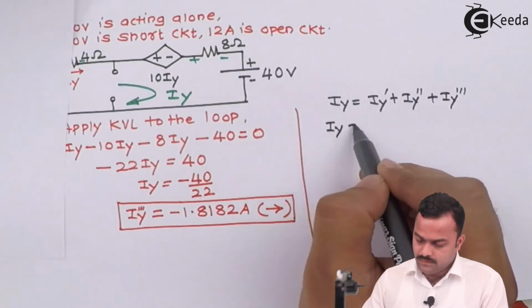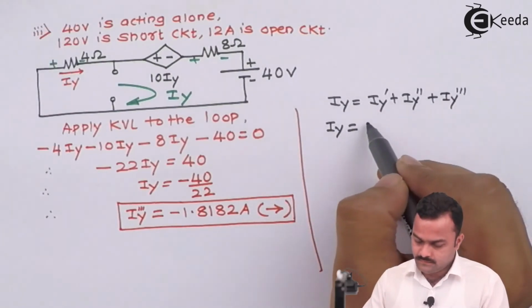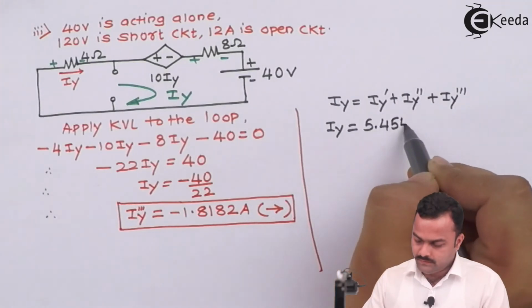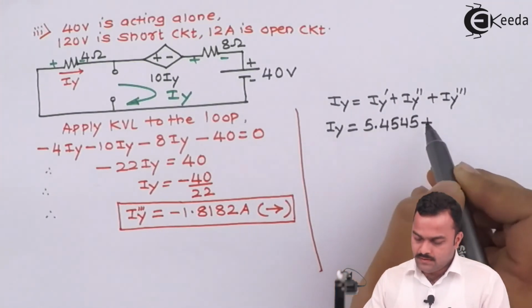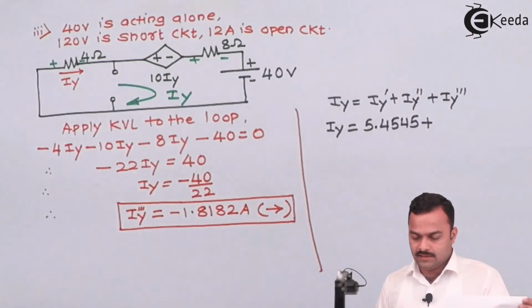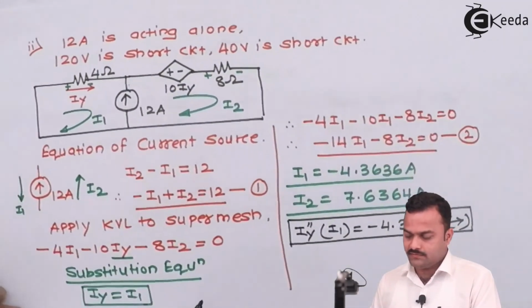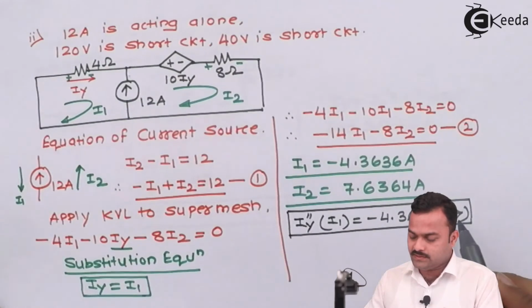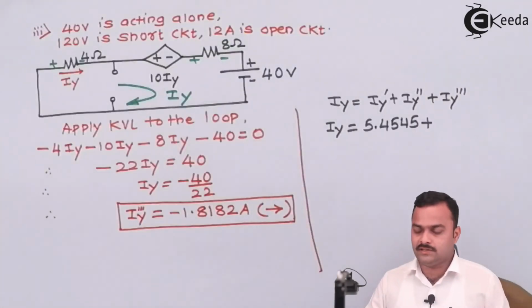So first is 5.4545. Second is because of the current source 12 ampere, and that answer we obtained as minus 4.3636. You have to keep the minus sign as it is because we are considering the current directions are the same for all the three.